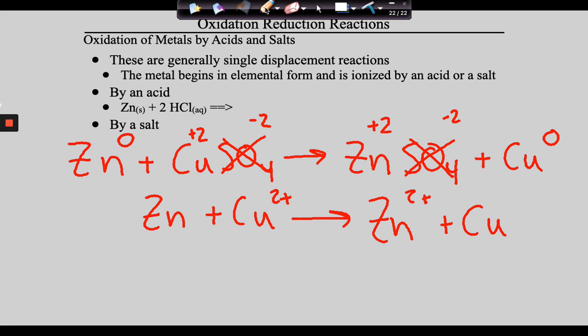Now, guys, let's talk. In your notes, please fill in the blanks: blank is being oxidized, blank is being reduced.